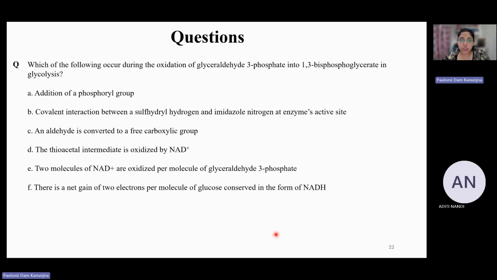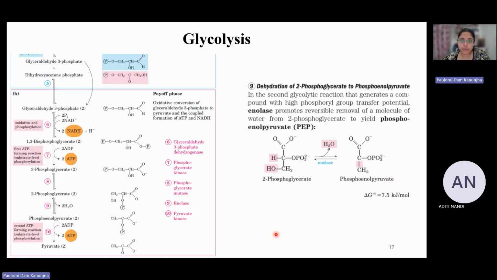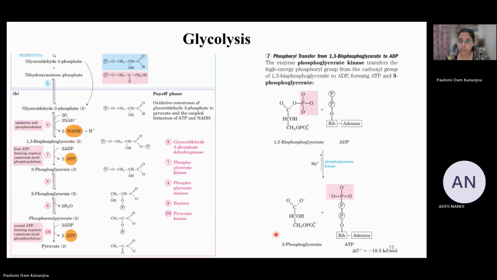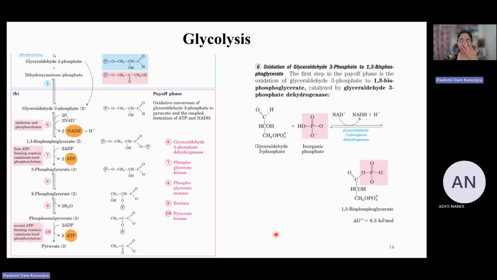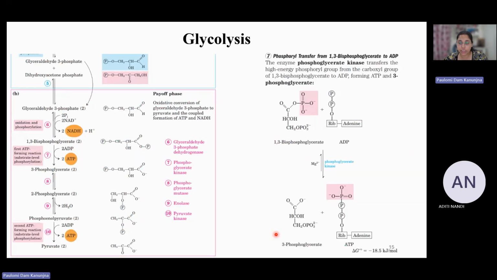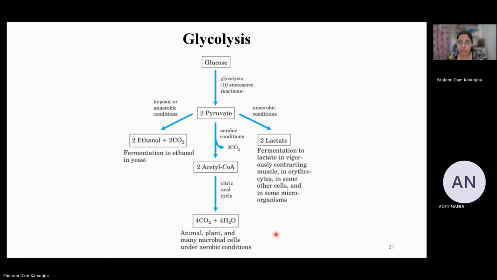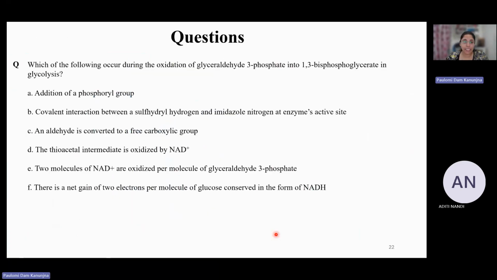So let me show you that reaction once again. Yes, this is the reaction that we are talking about: glyceraldehyde 3-phosphate to 1,3-bisphosphoglycerate. So what all is happening in this step?